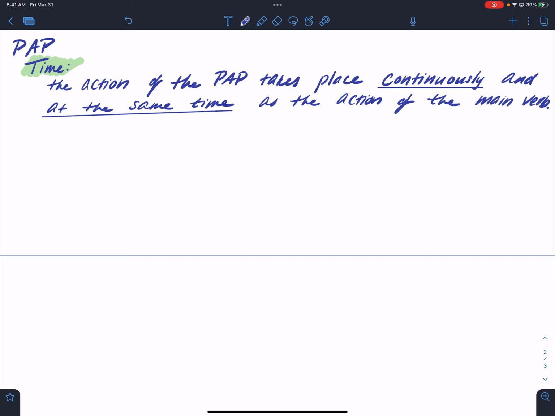Okay, next we're going to talk about the form of the PAP. You saw the example, so that should be helpful, but let me talk you through how to actually form it. All right, so the PAP is formed from the present stem. Now I'd like you to think about this for a second.